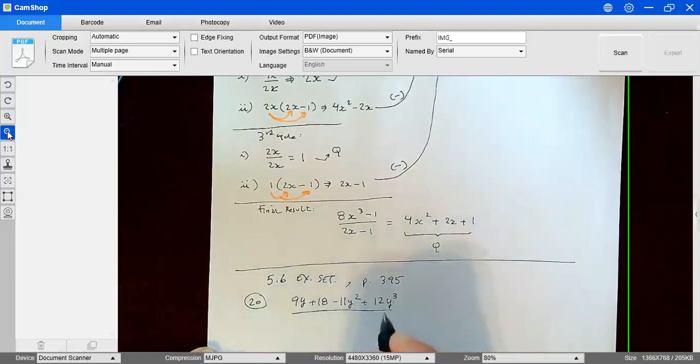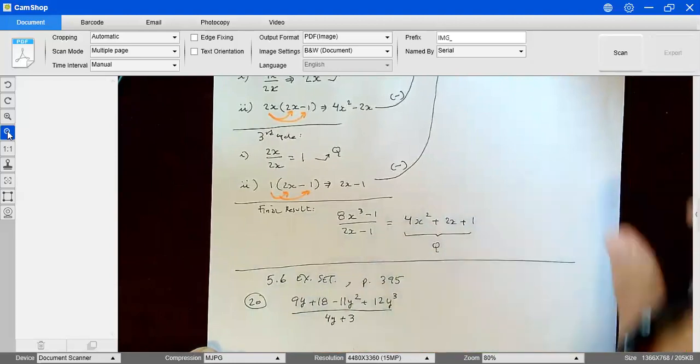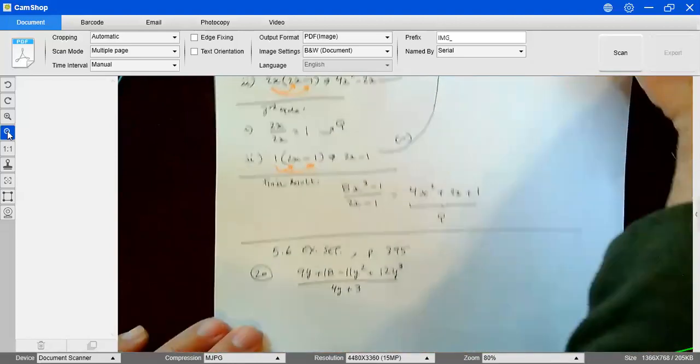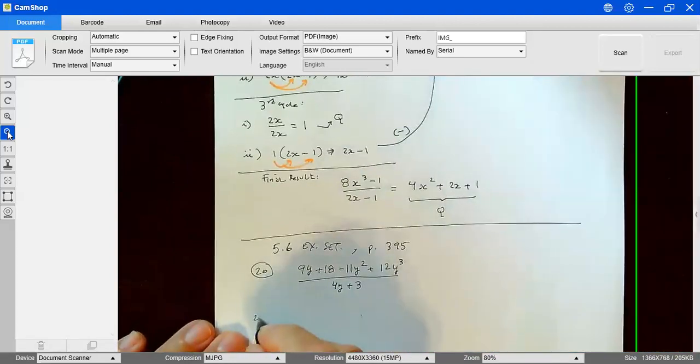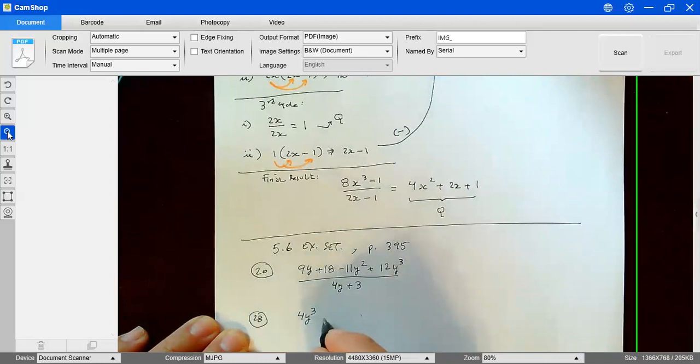You're going to divide this polynomial by 4y plus 3. Then we have one more. That's problem 28. So we have 4y cubed plus 3y plus 5 over 2y minus 3.